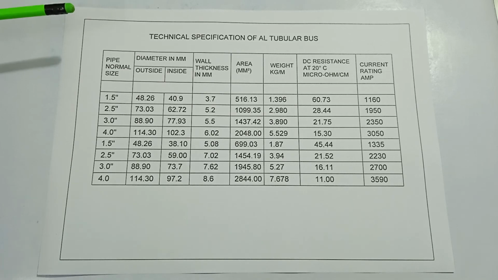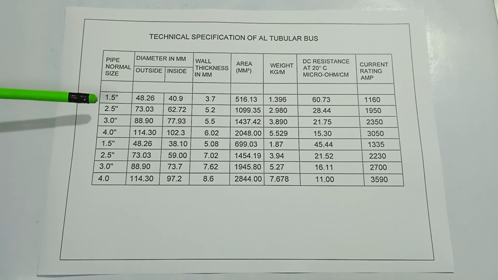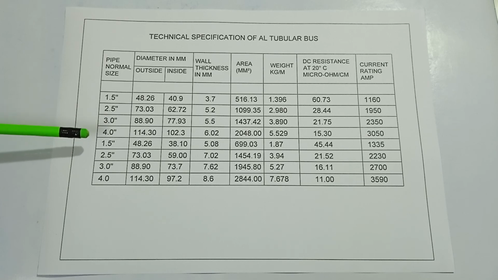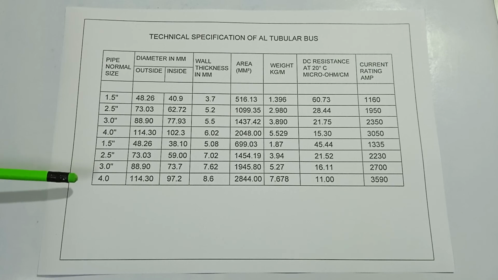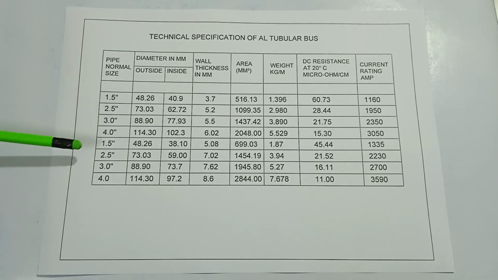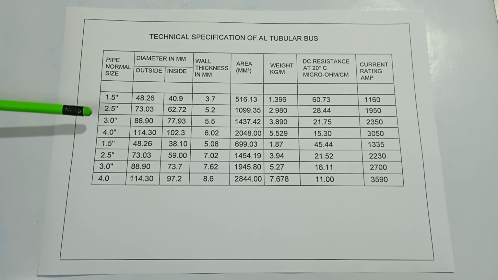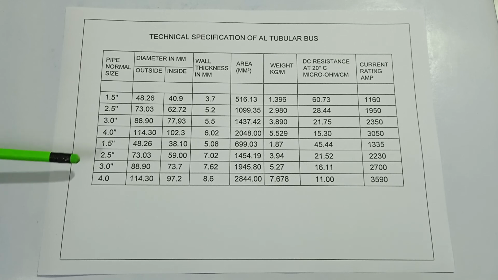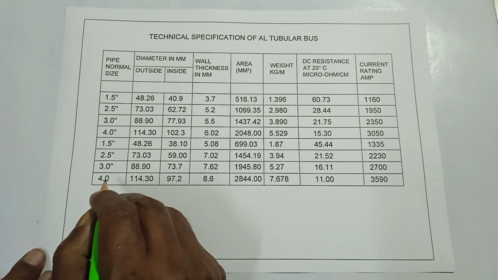Here is the technical specification of aluminum tubular bus. The pipe nominal sizes are 1.5 inch, 2.5 inch, 3 inch, 4 inch, and again 1.5 inch, 2.5 inch, 3 inch, 4 inch.